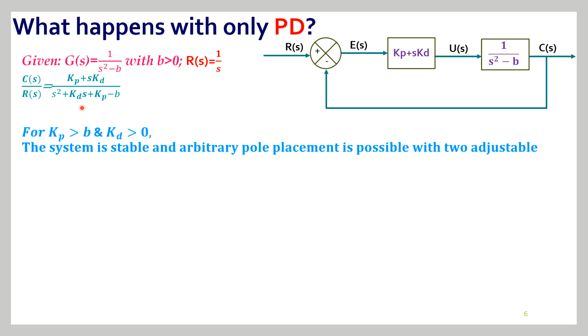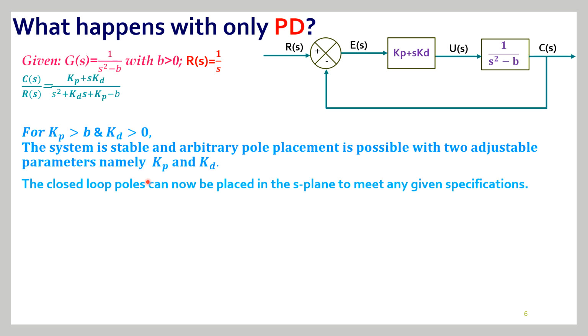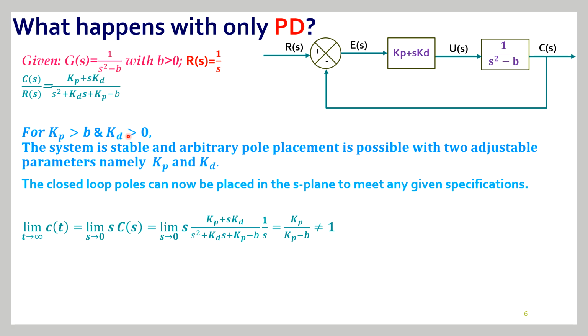So we have two values, Kp and Kd. When they are adjusted, the system poles can be located anywhere on the s-plane. So the poles are placed in order to make the system stable. Now let us calculate the final value of the system.